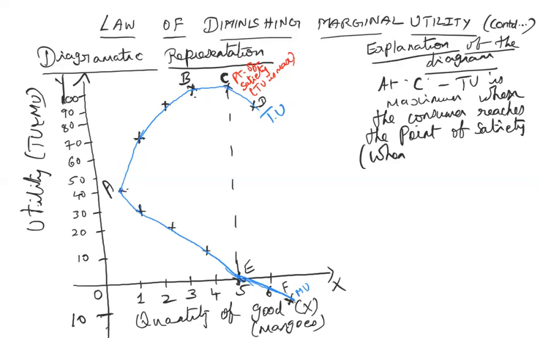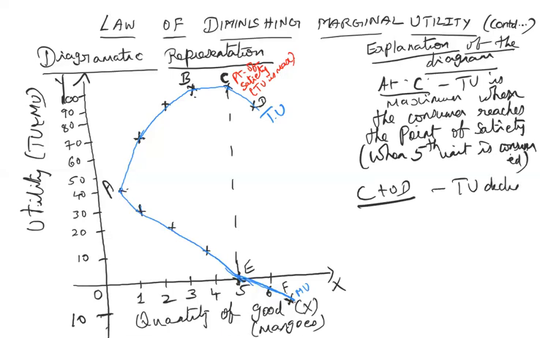So when the fifth unit is consumed, or when 5 units are consumed, afterwards what is happening? Between C to D, the total utility declines.